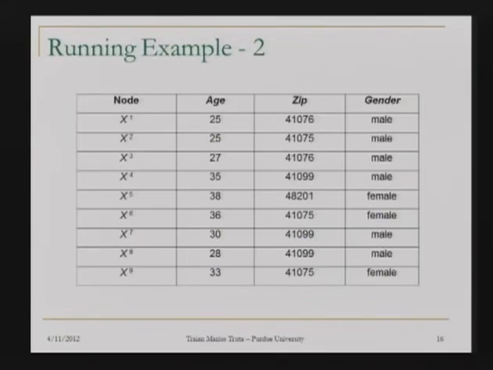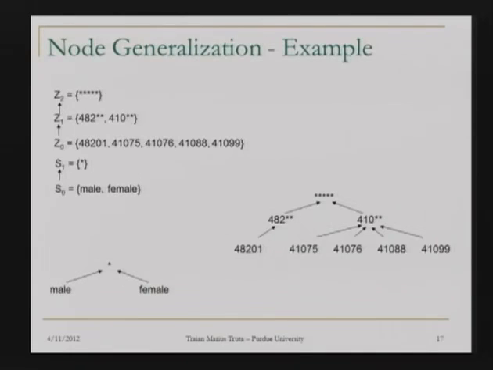Now, our goal, as I said, is to create groups of tuples that are indistinguishable from each other in terms of both quasi-identifier attribute values as well as structure, neighborhood they share. And for this, we first apply a method called generalization, attribute generalization for nodes.